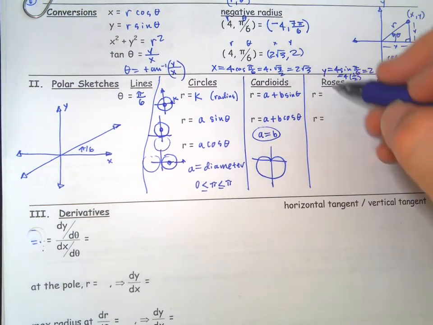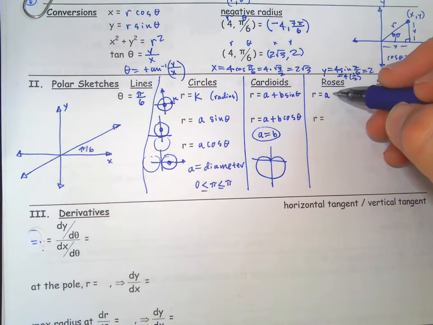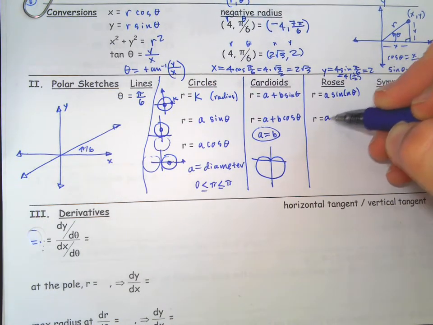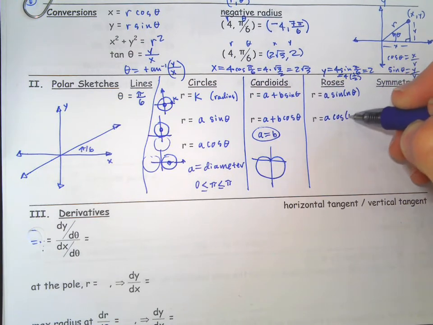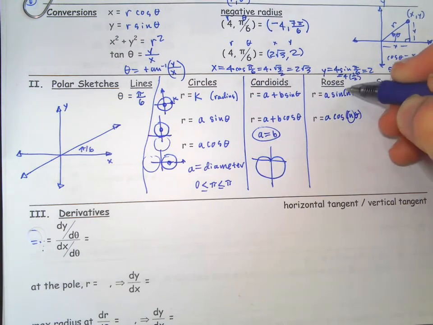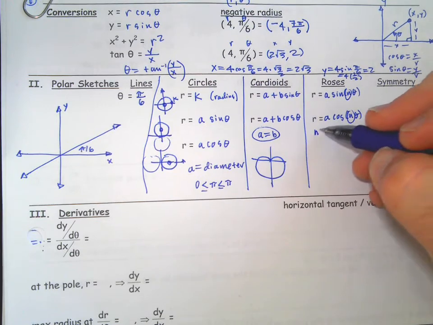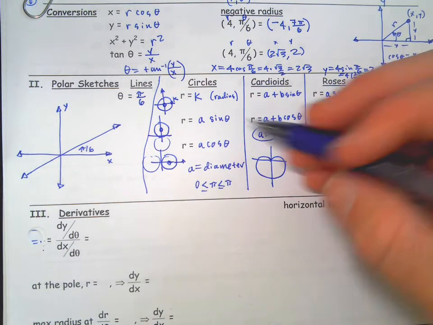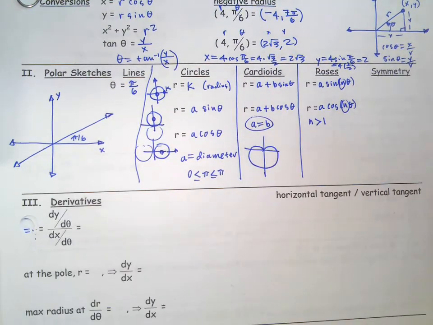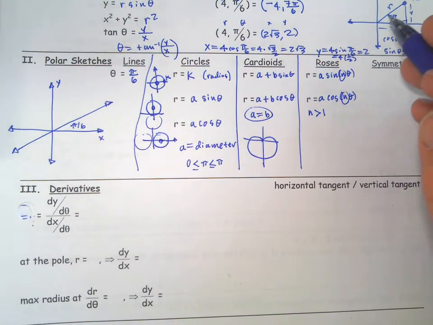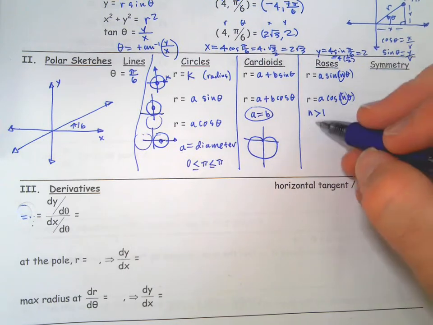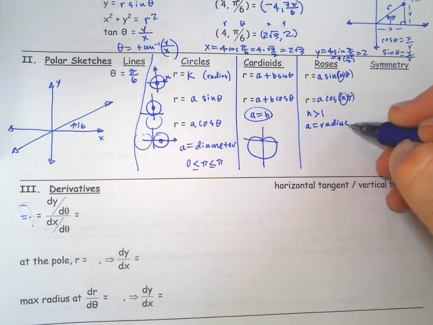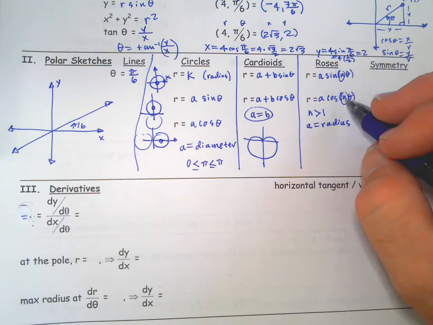Rose curves are going to be a sine n theta or a cosine n theta. So they have this extra number on the inside where n is greater than 1. Now, if n equals 1, that's actually one of these circles over here, which you could think of as a one-petaled rose, whatever. But in these cases, a equals the radius of the rose, and usually sketch that first.